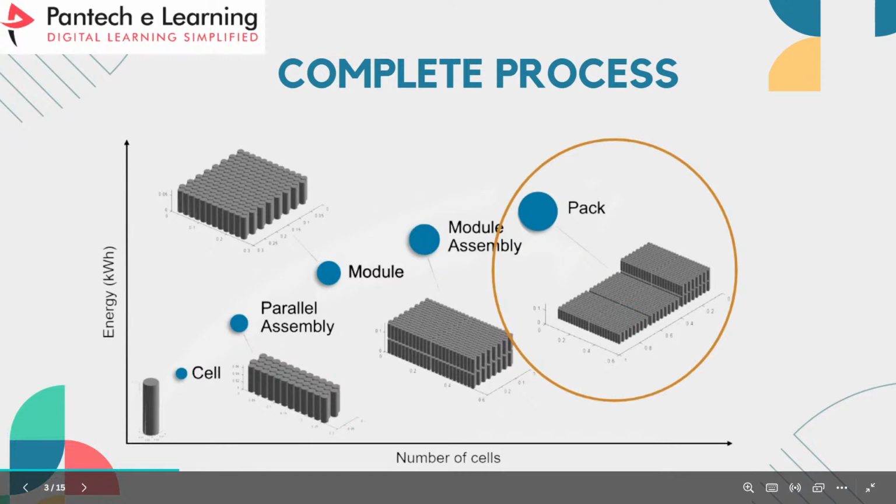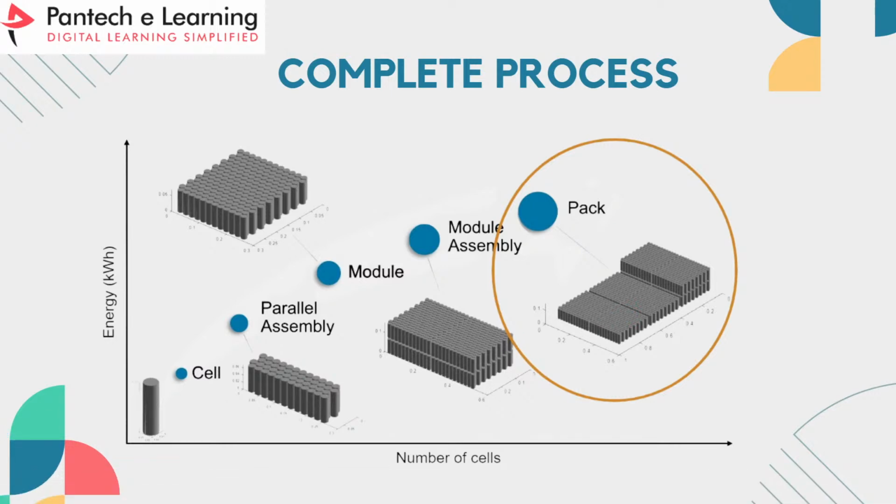Before we enter into the complete process, we already know what is a cell, a parallel assembly, a module. Do you have any idea what a cell, a parallel assembly, a module is? Give your answer in the comment box. These are all the things we discussed earlier.